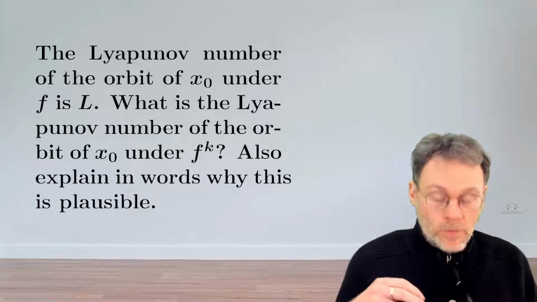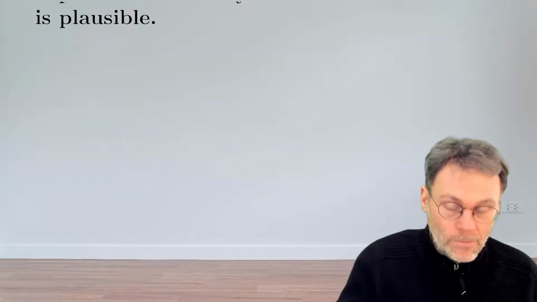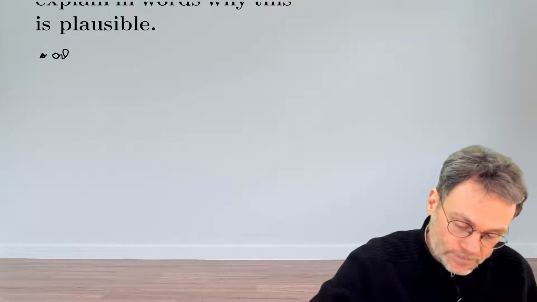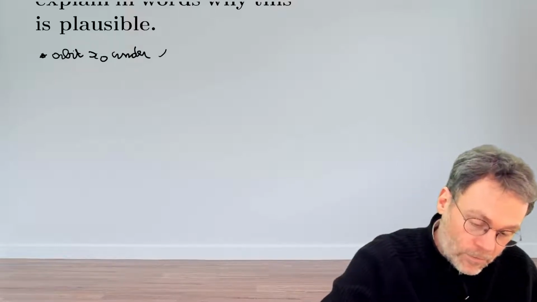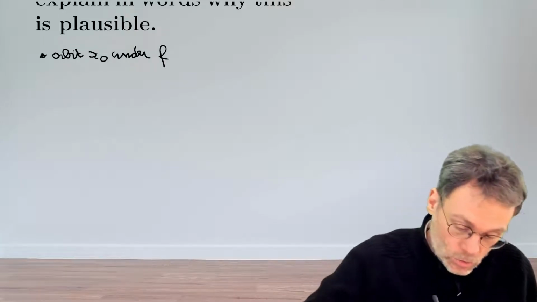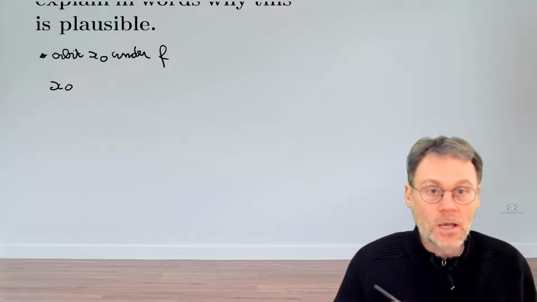Let's start by writing down the Lyapunov number of the map just applied once. So what we need to do here is look at the orbit of our initial condition x0 under the map F. So the map only applied once at a time. So we'll start at initial condition x0.